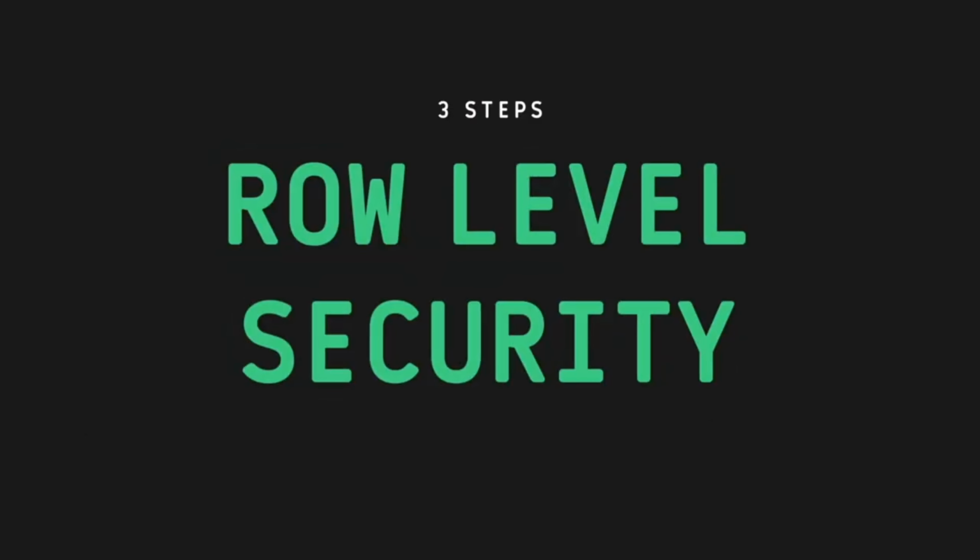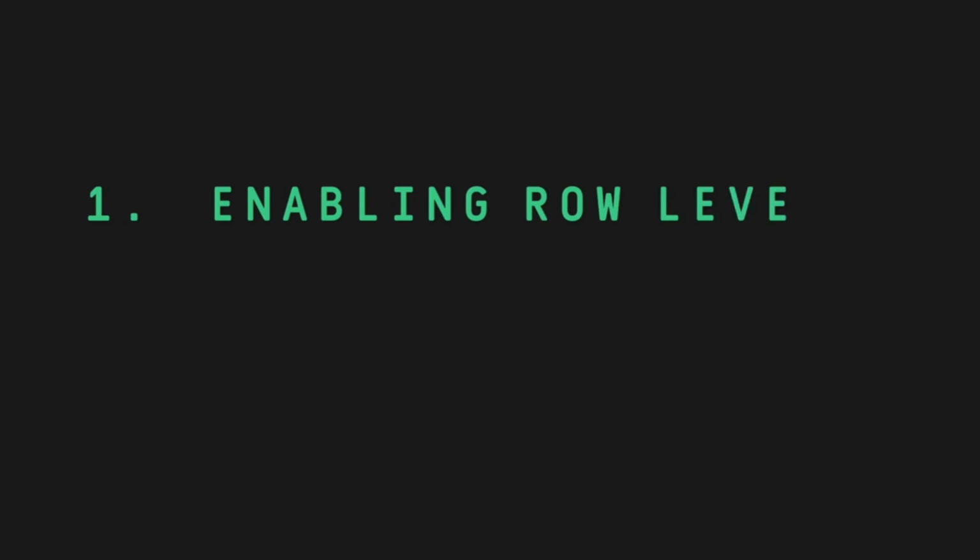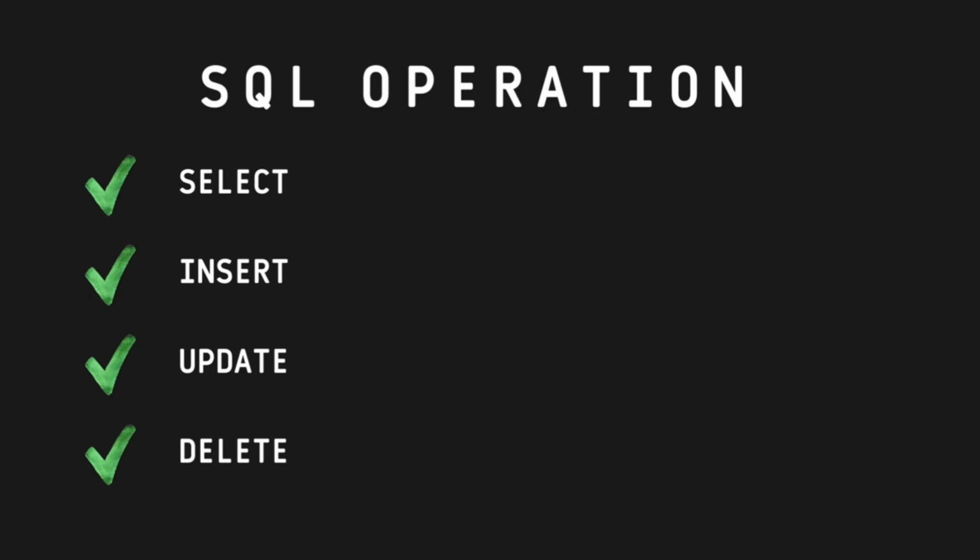There are 3 steps involved in implementing row level security. So first is enabling the row level security, and it's a feature that restricts, as I said, access to specific rows in a table based on conditions you define. So when RLS or row level security is enabled on a table, PostgreSQL checks policies associated with that table for each SQL operation, which is select, insert, update, and delete, and determines whether the operation is allowed on a per row basis.